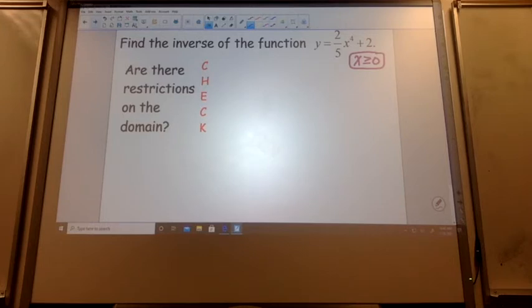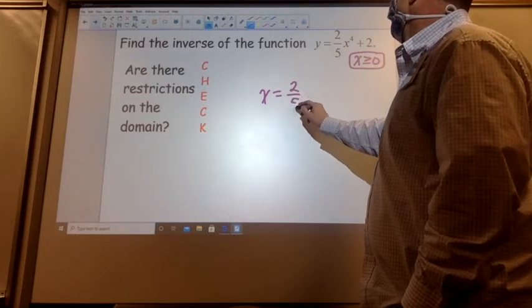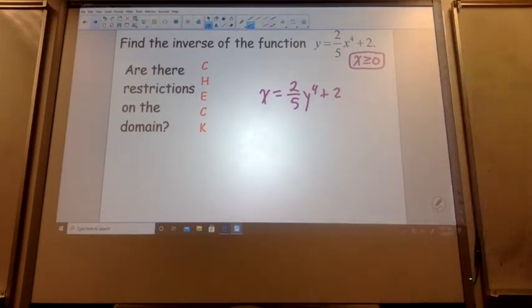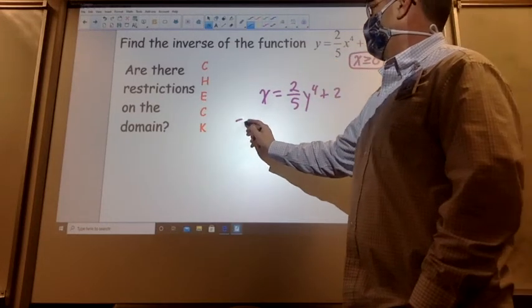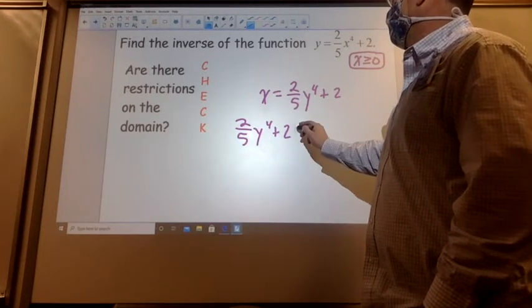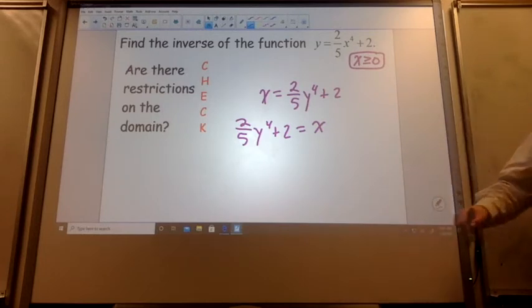We good so far? I'm now going to flip-flop my x and y values. Agree? I might flip my whole thing over because I like the y to be on the left side. And then we start solving it. Subtract 2.